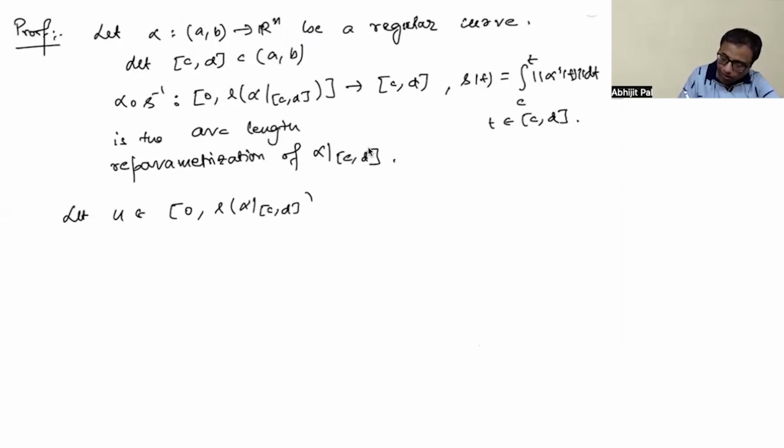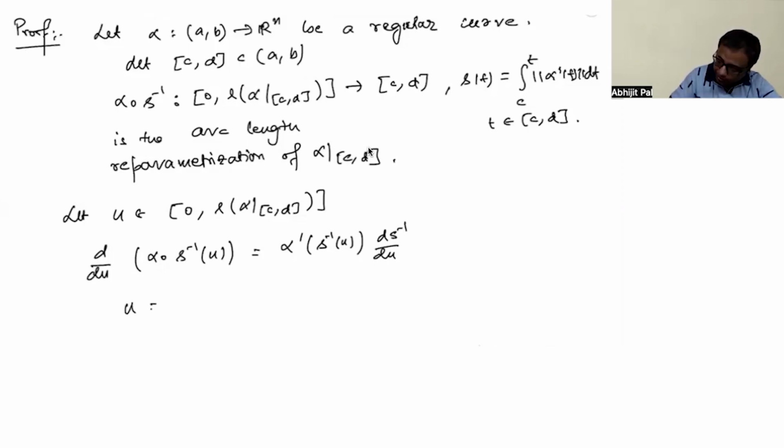Okay. So u I have taken in this closed interval 0 to length of alpha restricted to CD. So u will be equal to S of t for some t belonging to CD. And also note that ds dt is equal to the norm of alpha prime t.